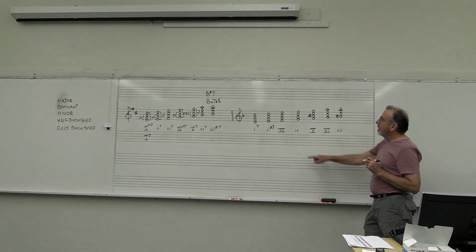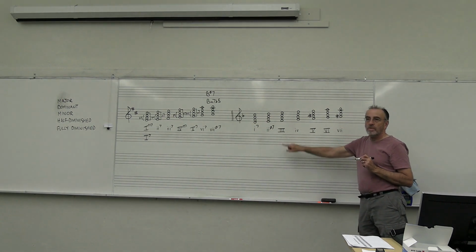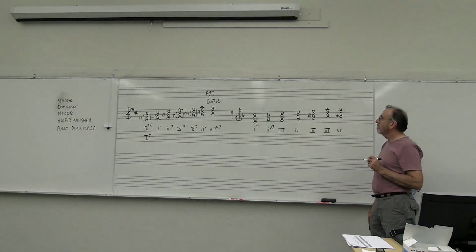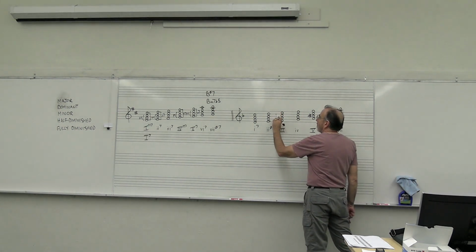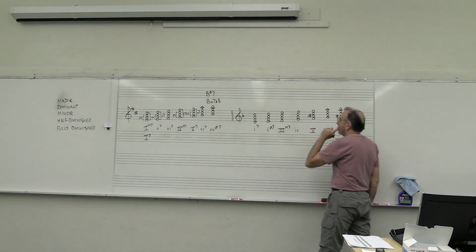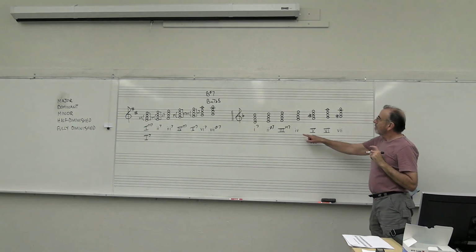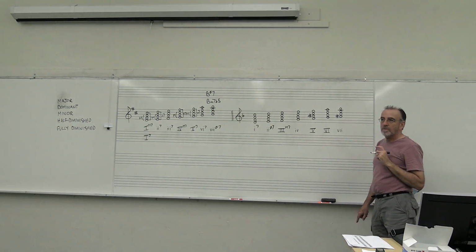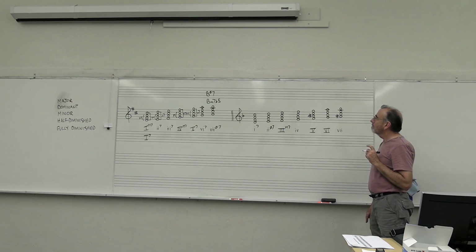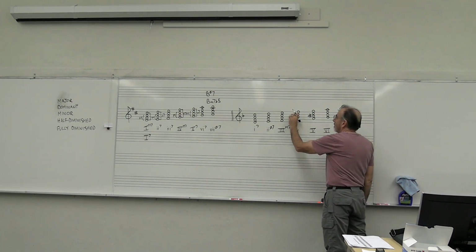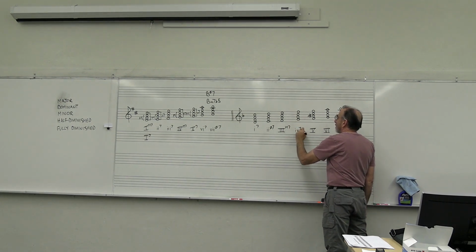Okay. What about this seventh chord? Major seventh, yeah. So major triad, F A C, major seventh, F to E, major seventh. What about this one? Minor seventh, yeah, minor triad, G, B flat, D, minor seventh, G to F, minor seventh.